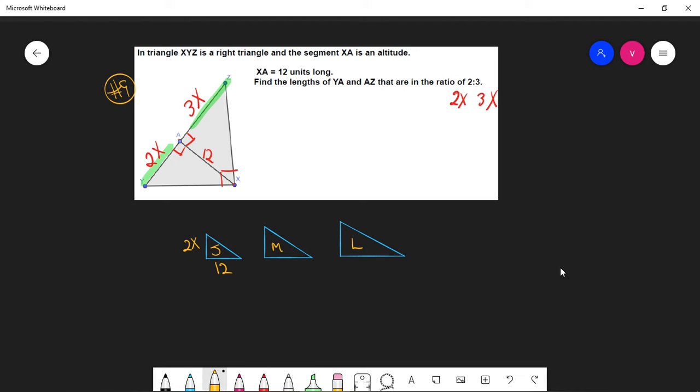So the short leg is now 12 on the medium, and the longer leg is now this. All right. Well, now you've already got two triangles with two of the same sides, short leg and long leg, and only one variable on each of them. So we don't even have to worry about this guy over here. You can just forget about that. We have all we need to set up our proportion there.